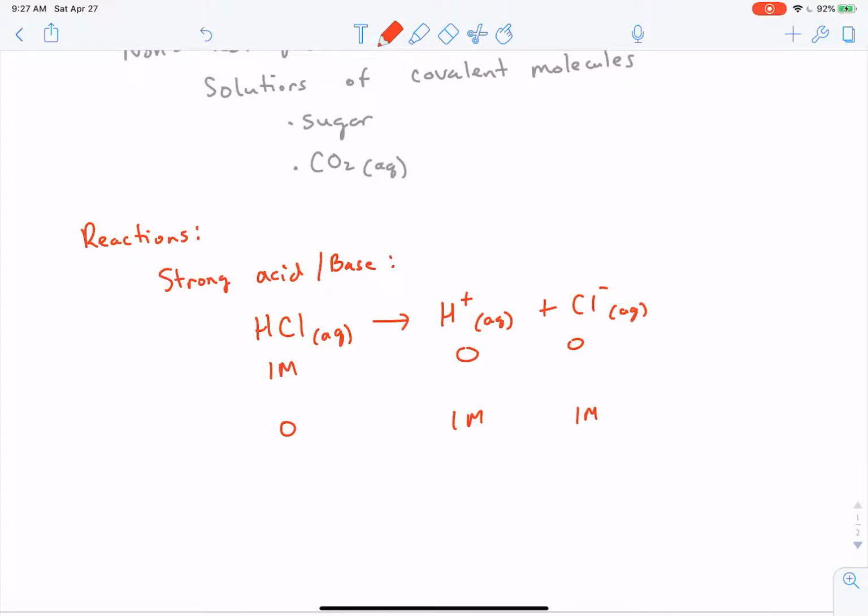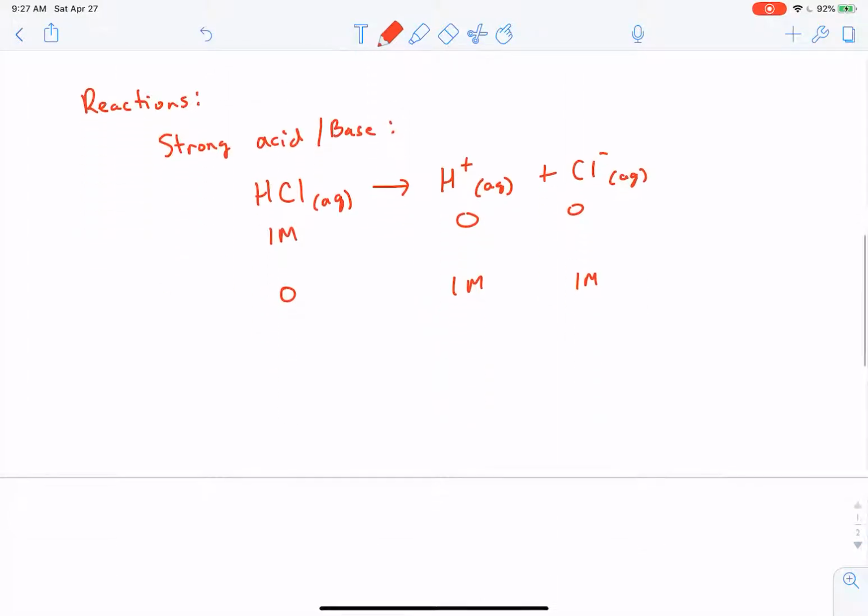But also remember that if you have a strong acid that has 2 H pluses, then it doubles the concentration. And so if you have something like H2SO4 and it dissociates into 2H+ and SO4 2-, and this is 1 molar, this is now 2 molar and 1 molar. Remember, the parts don't have to equal the whole when it comes to molarity.